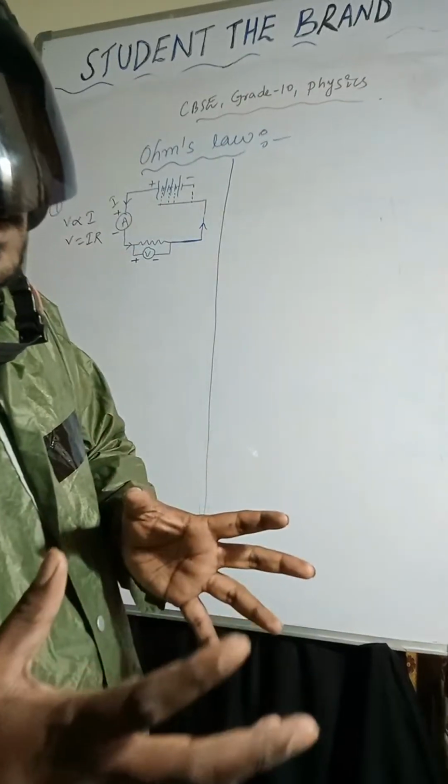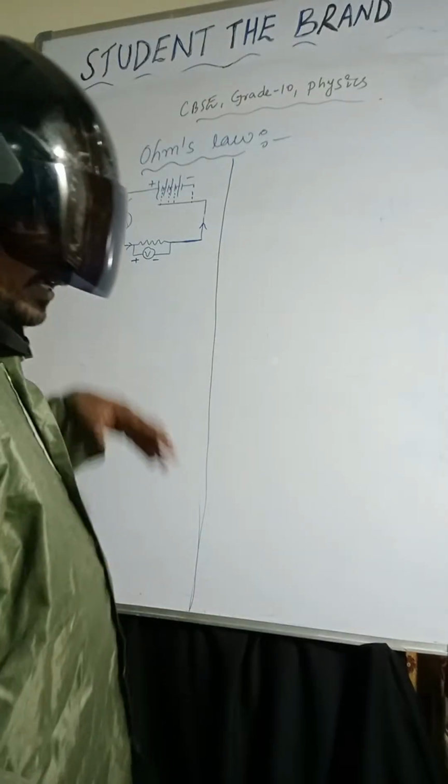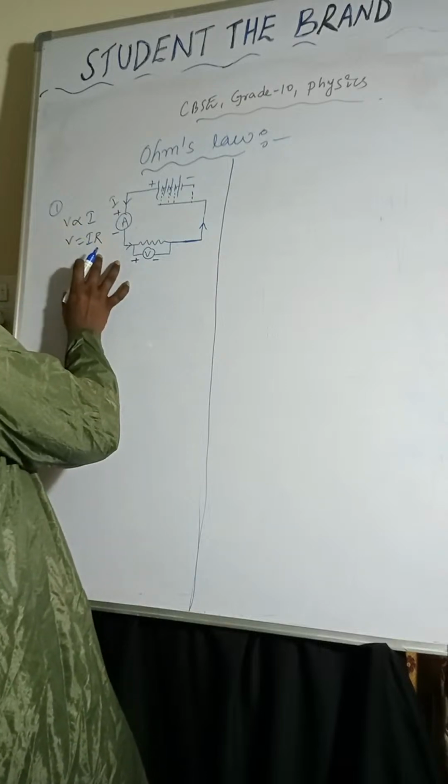So V is directly proportional to I, V equals IR. Now, this is about the statement.